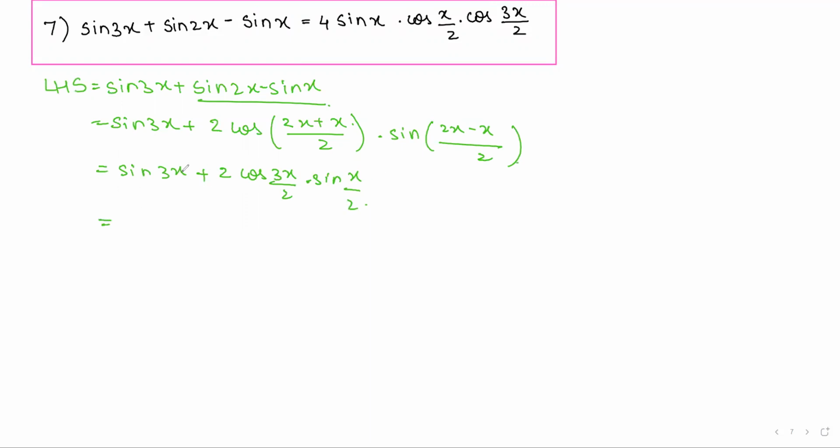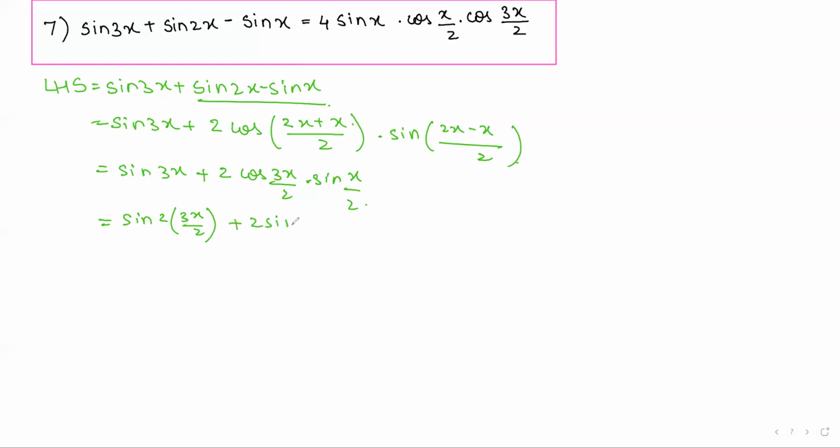Now you have sine 3x and you do not have anything common in that. But here you can apply the double angle formula. This can be written as sine of 2 into 3x by 2, which is 2 times 3x by 2, 2 theta.